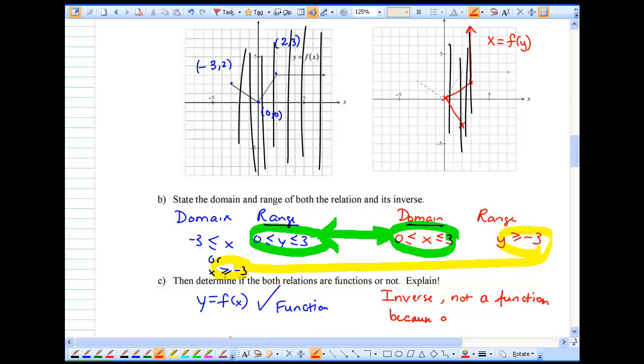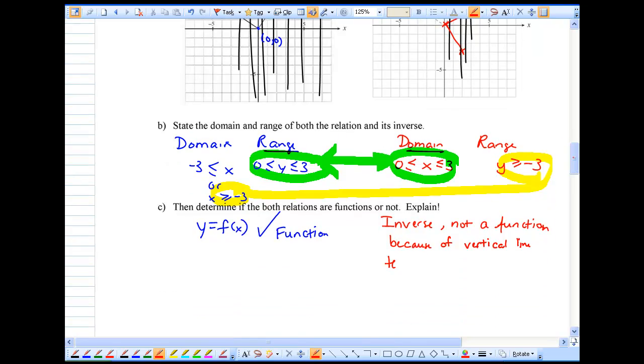Because of the vertical line test showing that for an x value, that's your input, there is more than one y value.